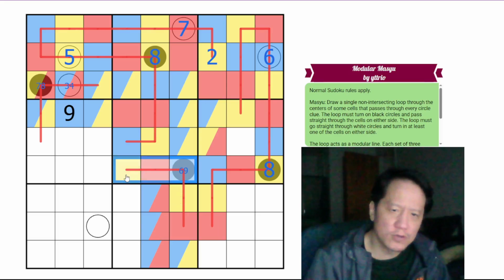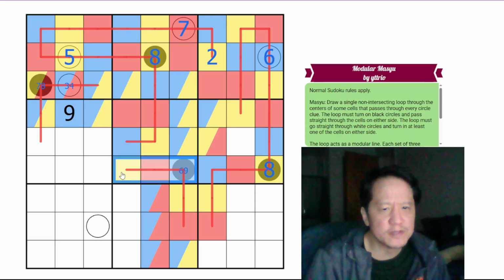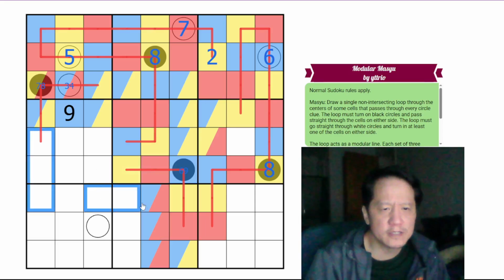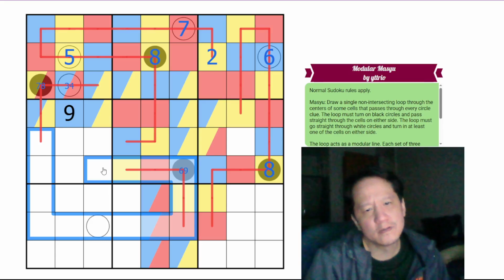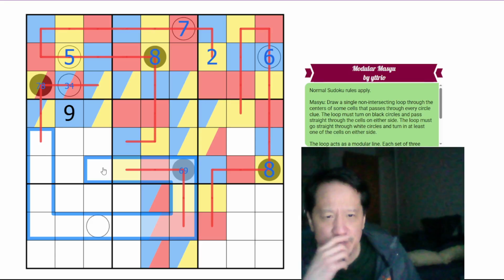This doesn't work if it's blue, red, yellow. If it's this way, how does it connect to this? It has to connect... And then this gets stuck, right? Ugh, how did I mess this up?